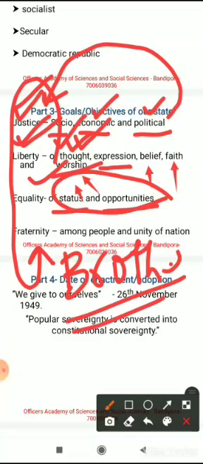What does that brotherhood do? There shall be unity among the citizens of the nation.